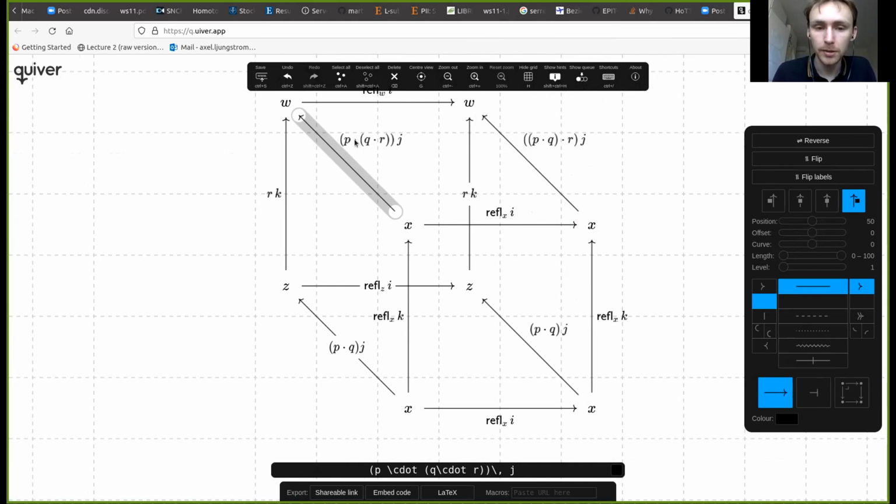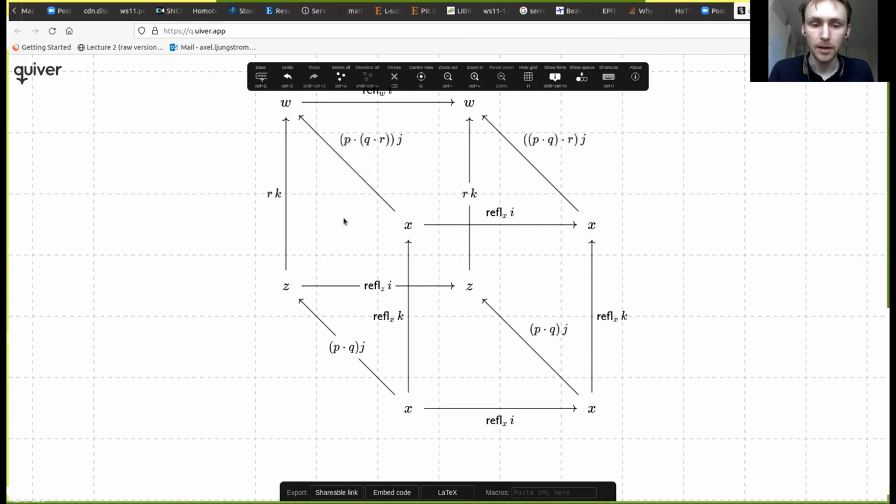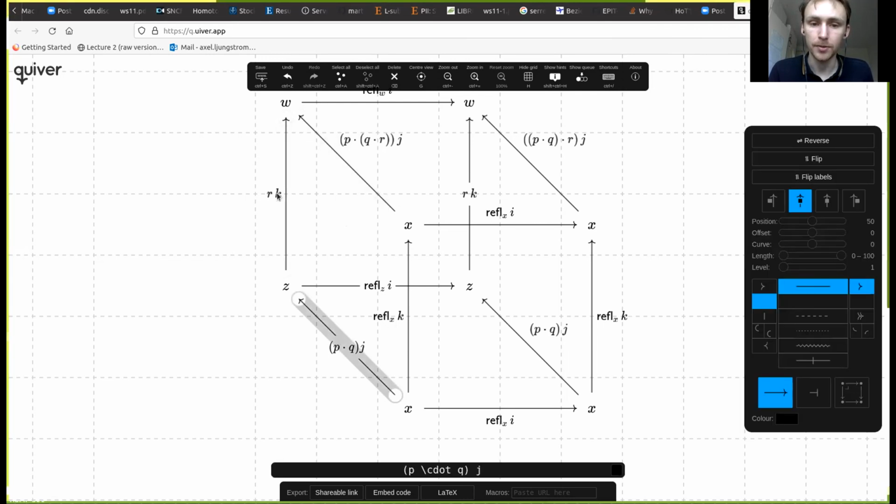When you apply the path composition filler, you have to deal with the outermost path composition. So this would actually give us a filler with P in the base and Q composed with R on this side. So it's not exactly what we want.